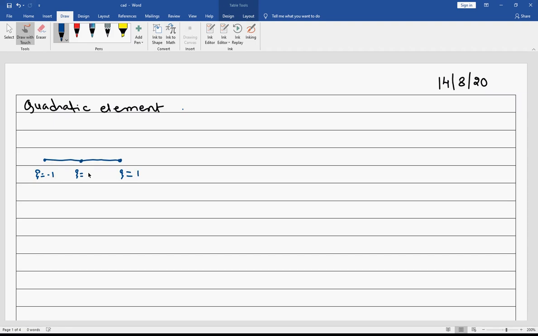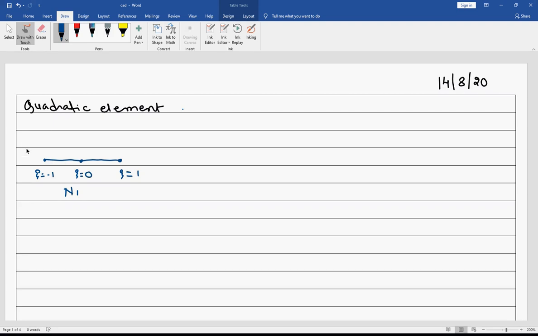So let's take that node at the central location, which stands for xi equal to 0. Now according to Lagrange's interpolation polynomial, if I want to find N1, I'm trying to draw the figure of N1, which is going to help me get the shape function in a quick time. This is one of the simplest techniques.